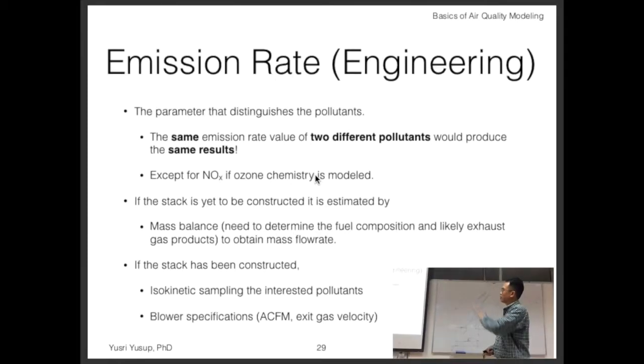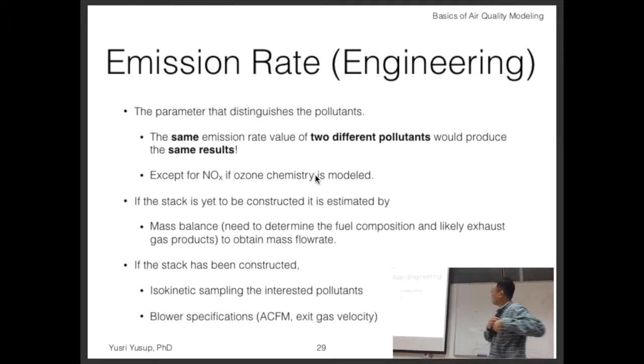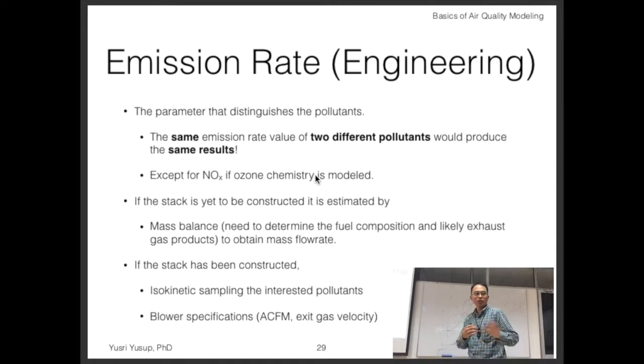So now let's focus on the emission rate. The parameter that distinguishes the pollutants. Now, when we conduct air quality modeling, the only difference between pollutants, like say you want to measure the criteria pollutants like PM10. You know what PM10 is?